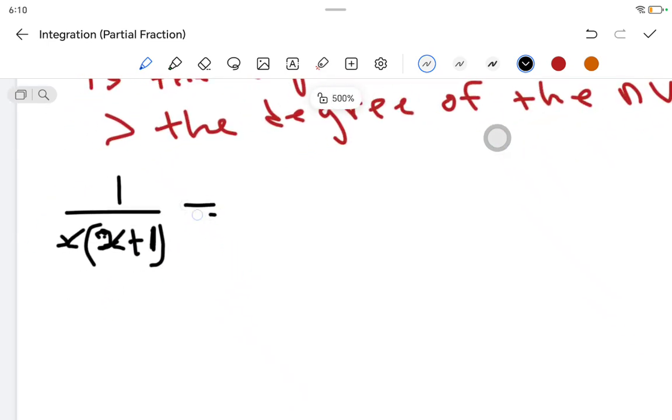Then I say this will be equal to, since this is true, the second question which you would ask yourself is, can this function be factorized? If you can factorize this function, it means that now I'm going to separate the denominator. Remember the numerator, I'm just going to give them like this. If it's just x, not x squared, such things, right? If it's just x to the 1, I'm going to say a over x.